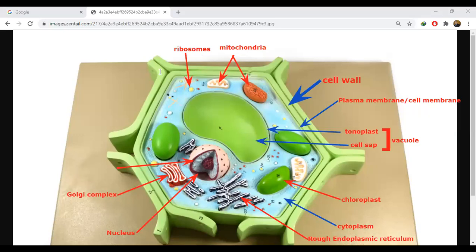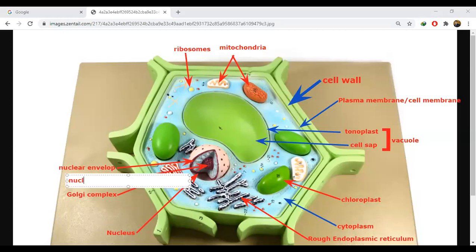Right. This is called nuclear envelope. I have chosen this picture for that purpose. The color will give you a good idea, right? Inside the nucleus, there is a ball. That ball is called by the name nucleolus.